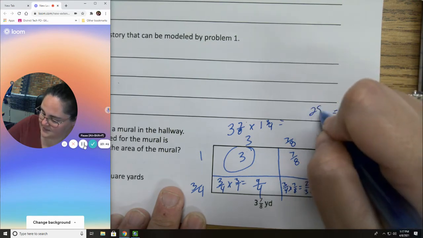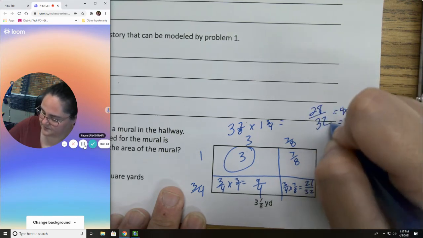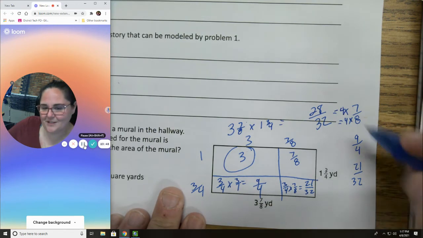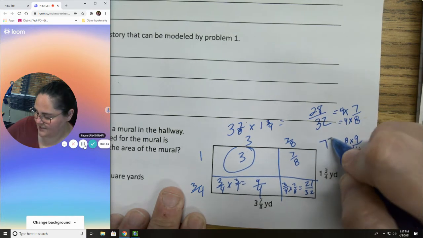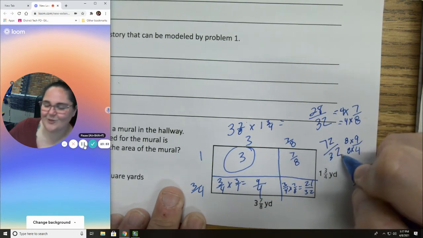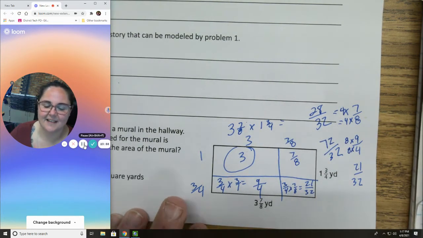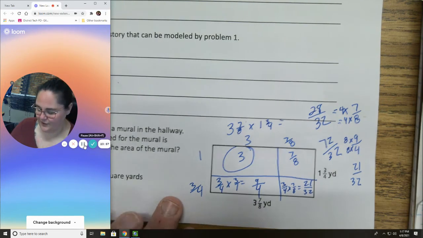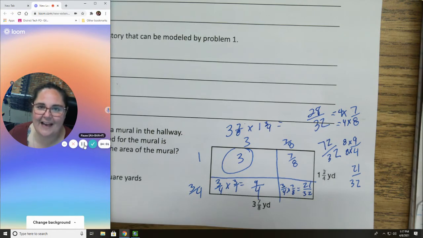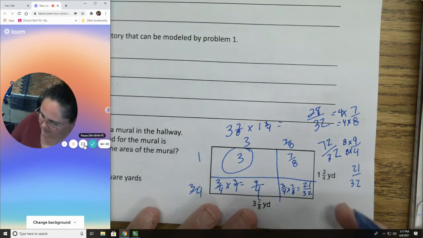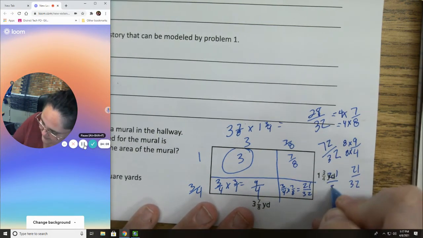So 28/32. I'm going to multiply this one by 8. And whatever I do to the bottom, I do to the top. 72/32. And then 21/32. Here we go. I need to add 21/32.